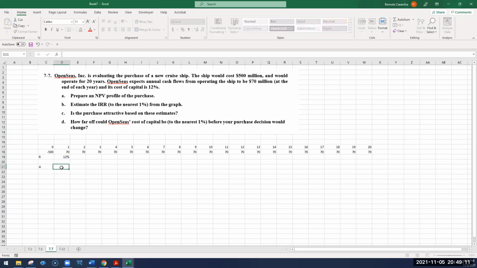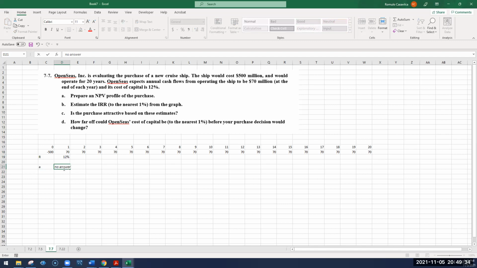So on A, you don't have to answer, there is no answer on A. There's no points. You're supposed to prepare a net present value graph, but it's not necessary because the Excel does the numbers for you.